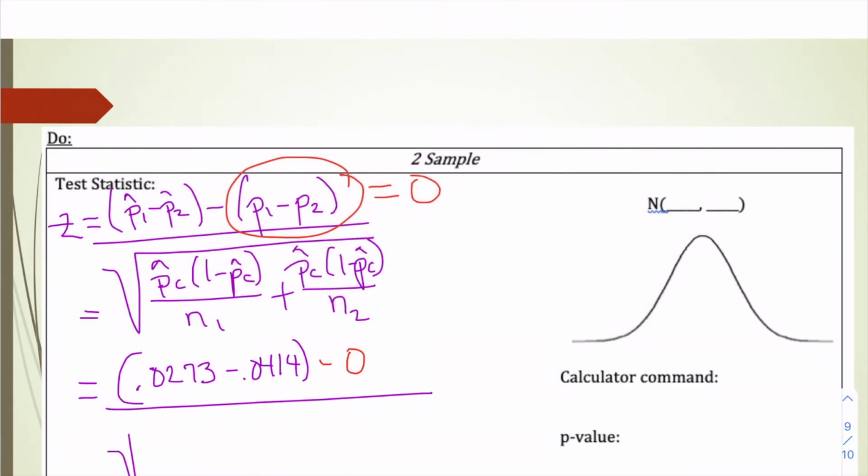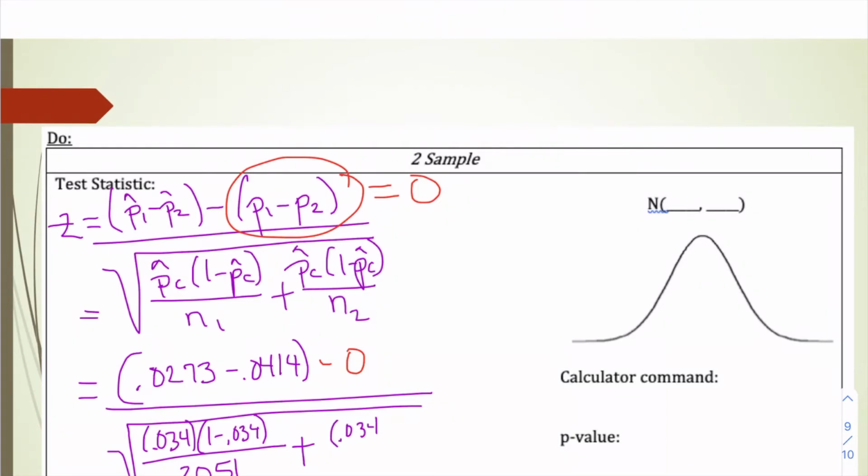So this is over the square root of, now don't forget this is using the pooled p sub c hat, 0.034 times 1 minus 0.034 all over n1, which is 2051, plus 0.034 times 1 minus 0.034 all over 2030.